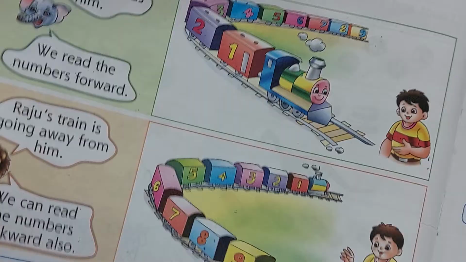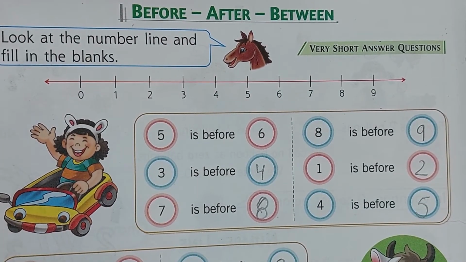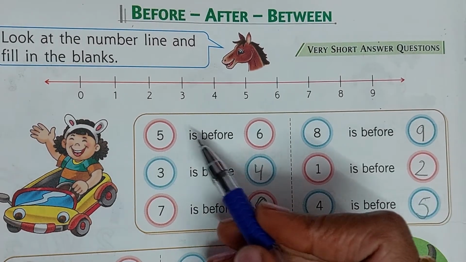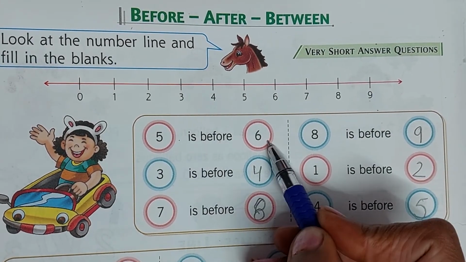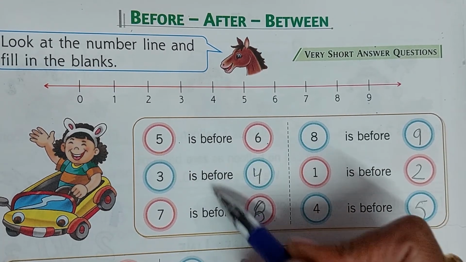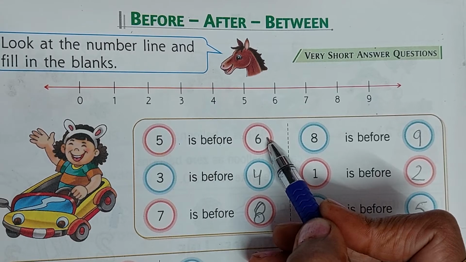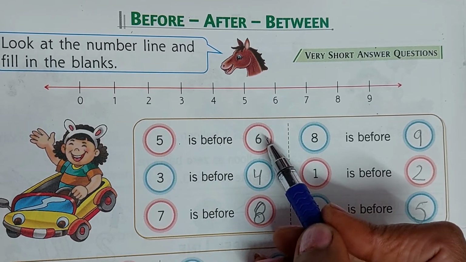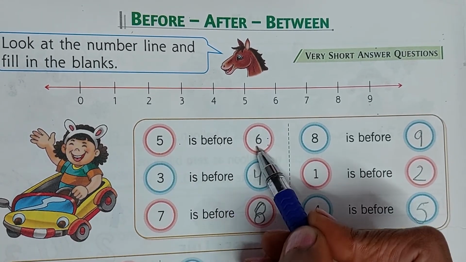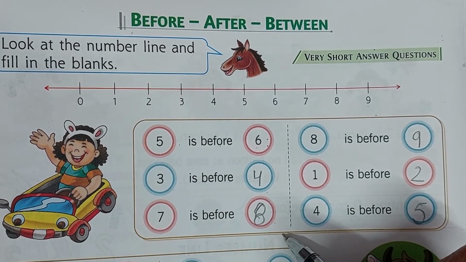Now page number 10. You have to complete this page with before, after and between. Here, 5 is before 6. Here you can see before is written but the after number is coming, just because of language. Don't write 4 here. 5 is before 6, 3 is before 4, 7 is before 8.